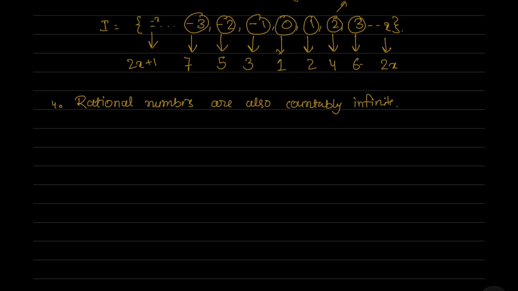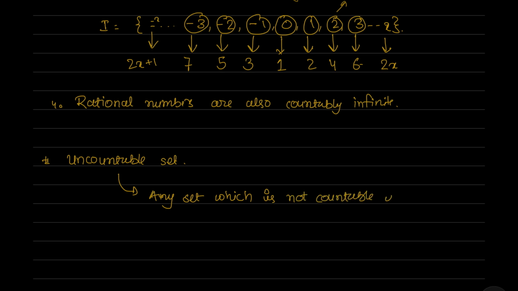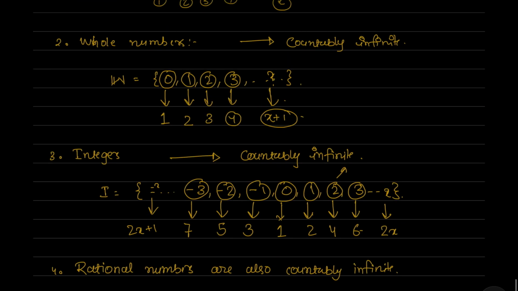Now, next comes uncountable sets. This is a definition: any set which is not countable is uncountable. This is a very simple negation of the countable definition.